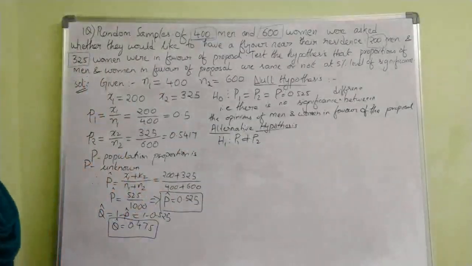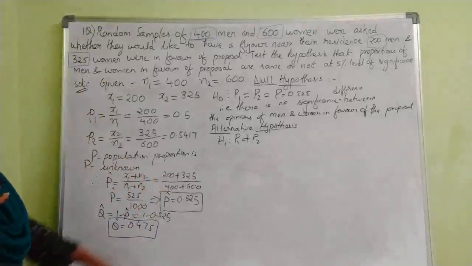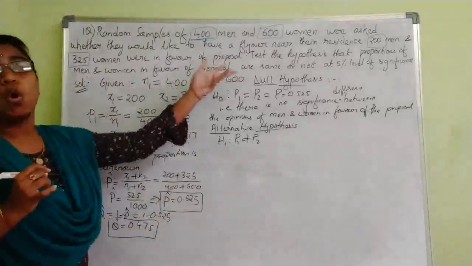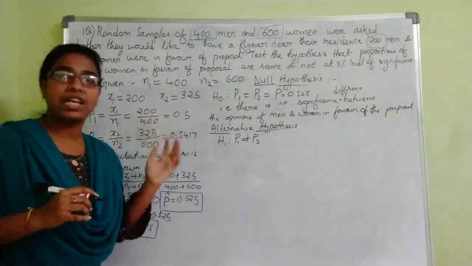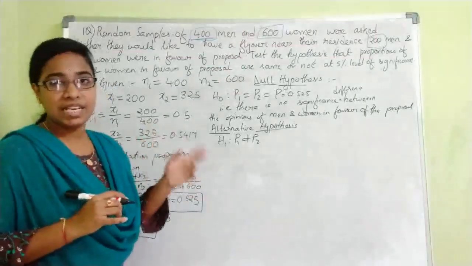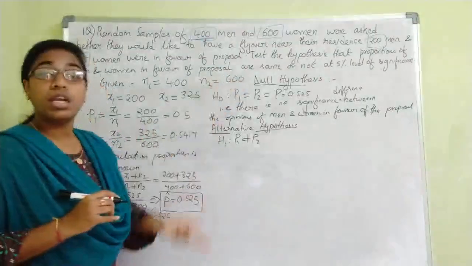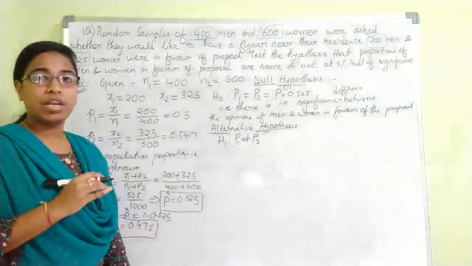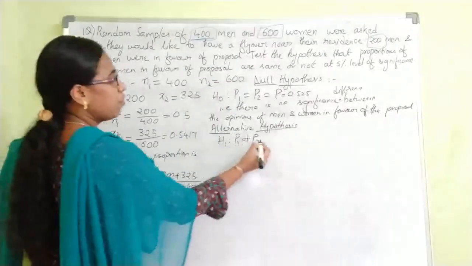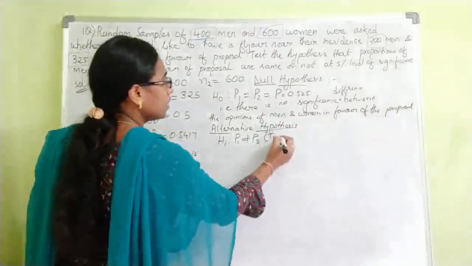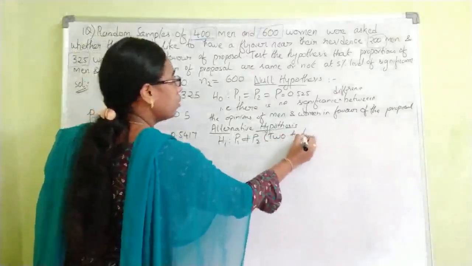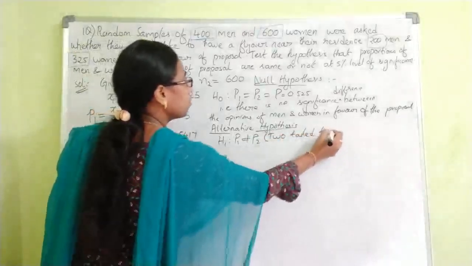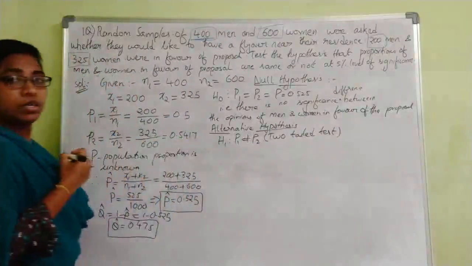P1 not equals P2 means here they are asking whether the same or not. They did not say men is more than women or men is less than women. Both are equal or not. In that criterion only we are going to test. That's why P1 not equals P2, which implies it is a two-tailed test.